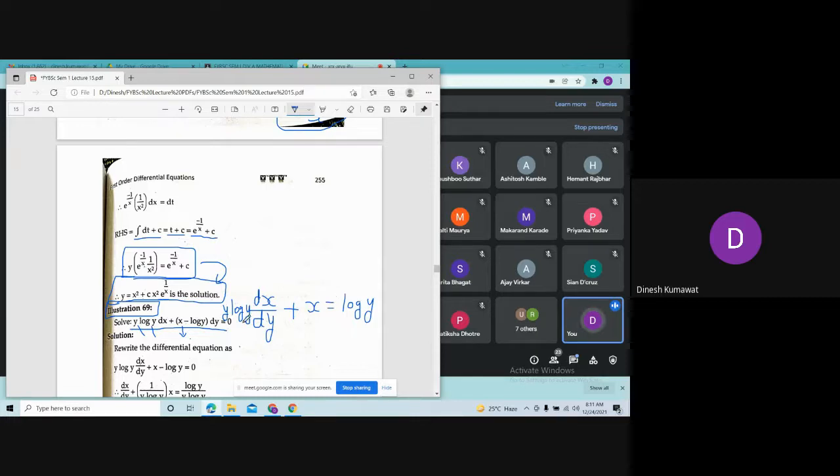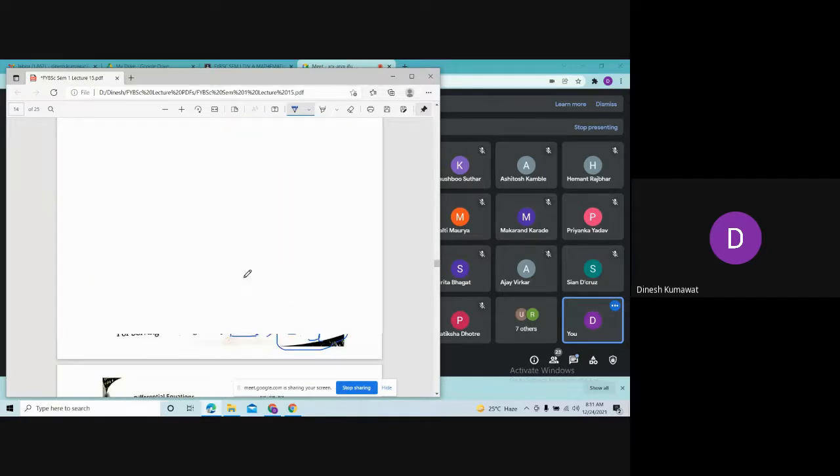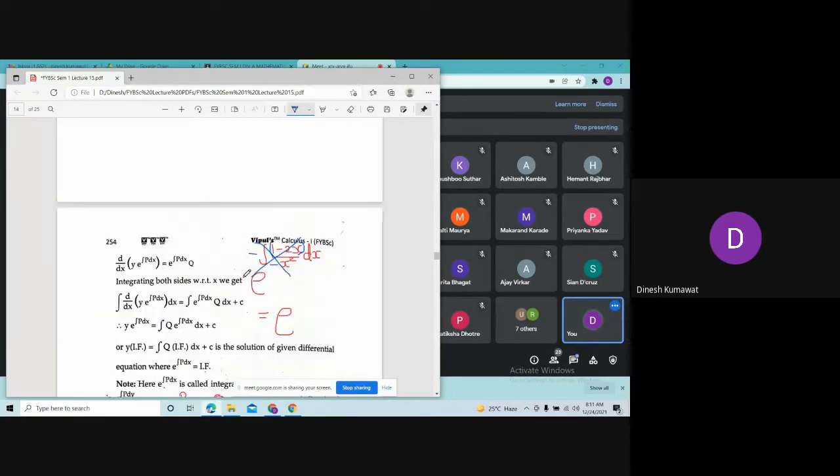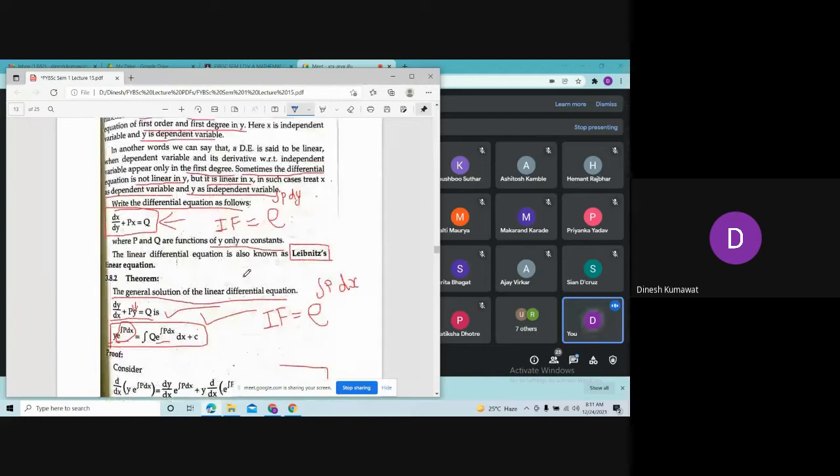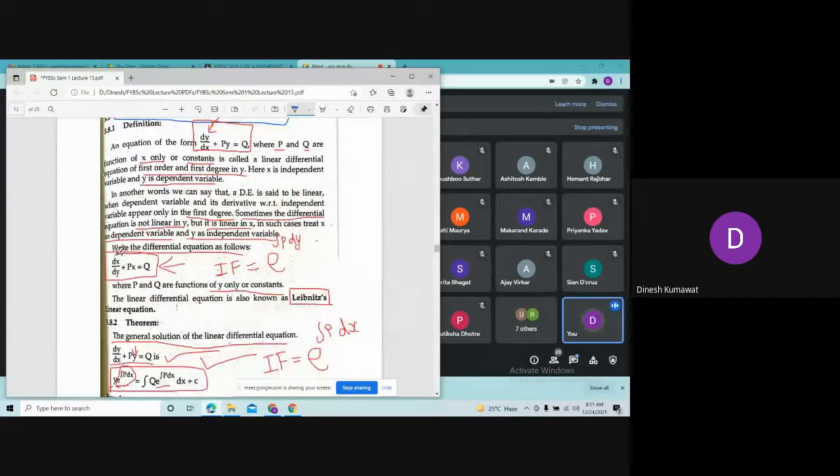Okay, now what you are going to do, you just divide this whole equation by y log y, because we want the coefficient of dx by dy as 1. Compare this with standard form and observe here the coefficient of dx by dy is nothing but 1.